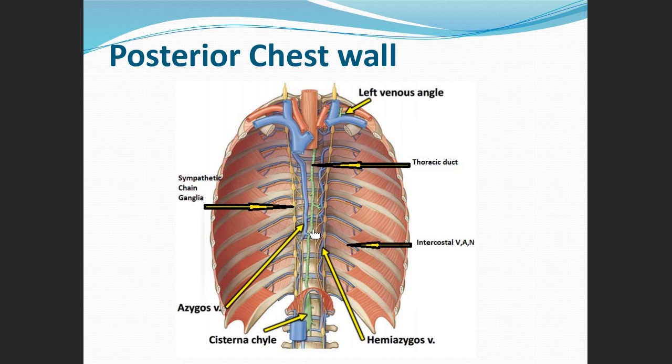So it'll pretty much just be gray strings of things going down the posterior chest wall. Again, your structures in the posterior chest wall are the sympathetic ganglia on both sides. In the middle, you have your thoracic duct. Then you have these veins, the azygos on the right and the hemiazygos on the left.